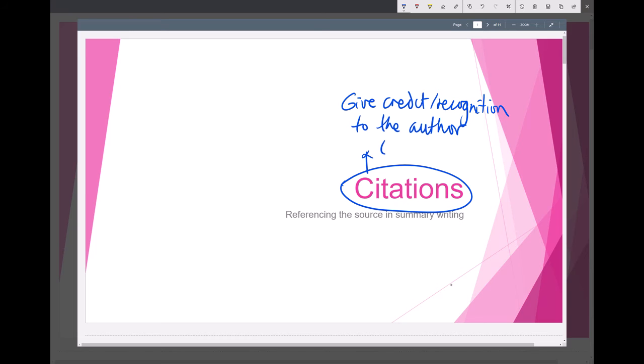So anybody that has written something that is outside of the paper, so outside information, who gave you side information or ideas.